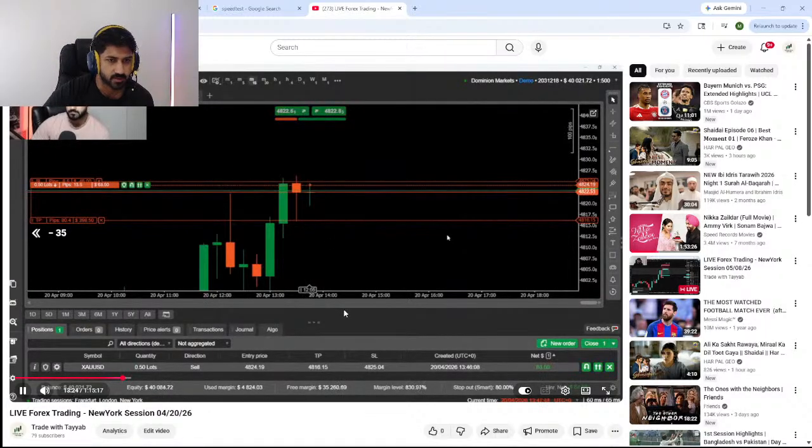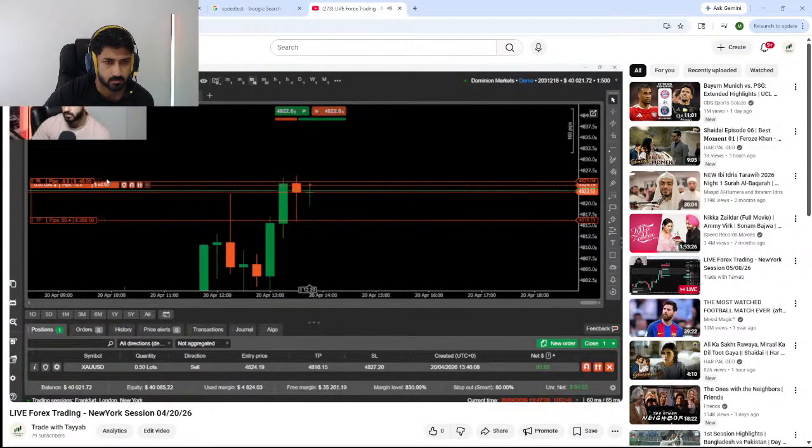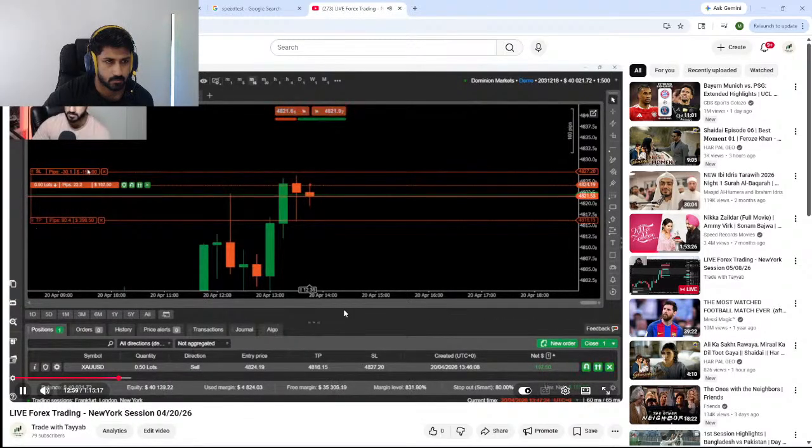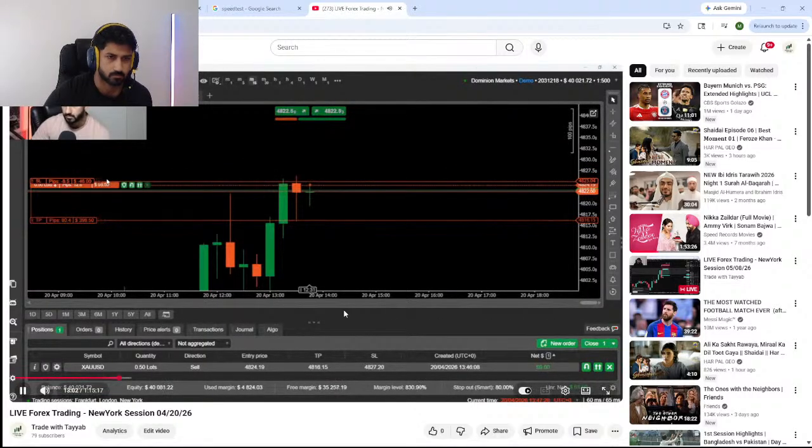Okay, so I think I updated the stop loss. If it breaks right over here, probably gonna close the position. If it breaks above its own high, then I'm probably gonna close the position.